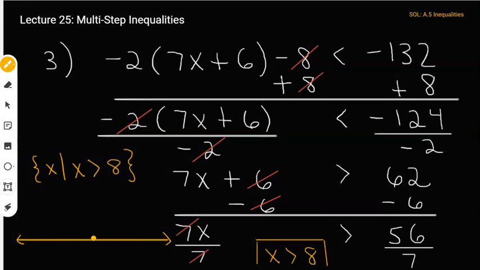So what I'm going to do is I'm going to put 8 right here in the middle, like I always do. Numbers that are bigger than 8, like 9 and 10, are going to go to the right side. So as you move farther to the right, you get more and more positive. But as you move to the left, you get more and more negative. So that's why 7 and 6 are going to go over here.